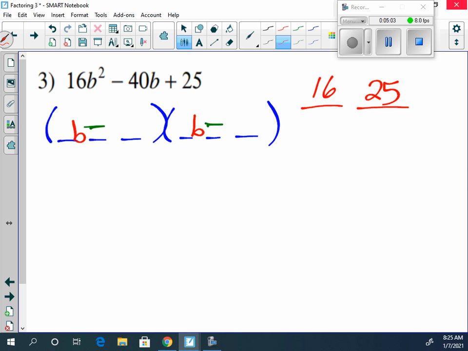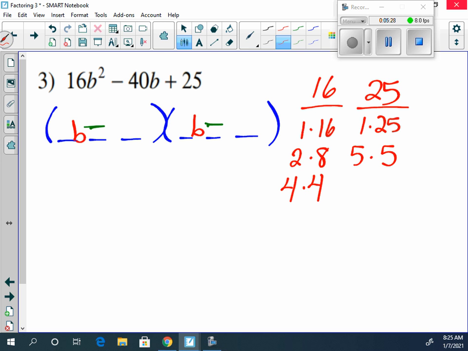One of the factors I do know already is going to be b and b, so we are going to have b and b in the first term. Now the factors of 16, well, we have 1 and 16, 2 and 8, 3 doesn't work, but we have 4 and 4. 25 is 1 and 25, and well, 5 and 5.